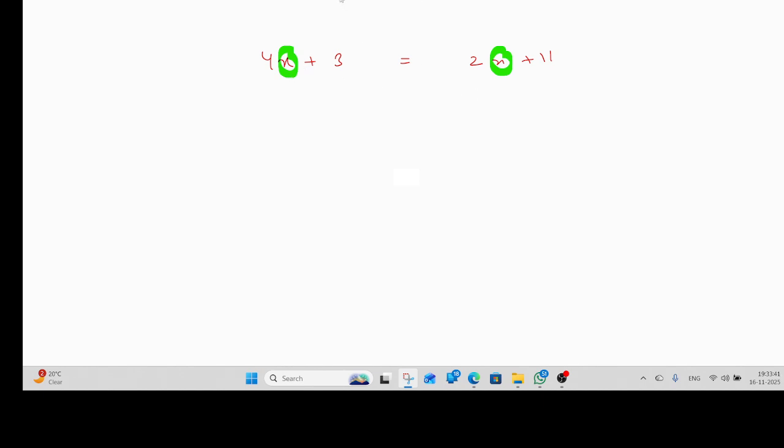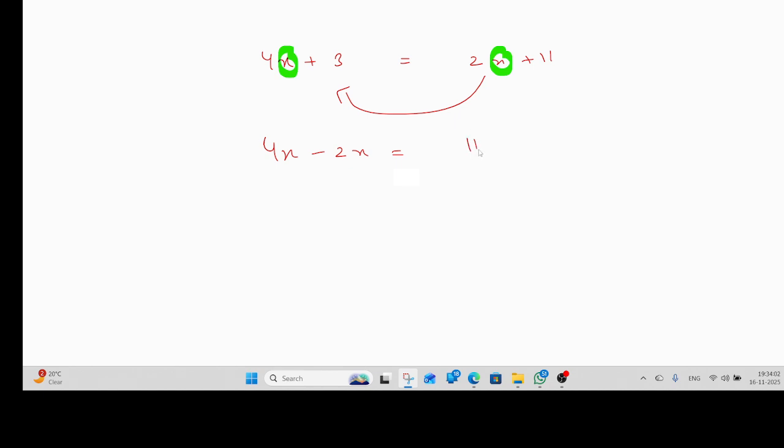These two terms are variable terms. I keep 4x, then this 2x I will take to this side. When we move a positive term to the other side of the equal sign, it becomes negative. Same for a negative term, it becomes positive. Basically it becomes the opposite.